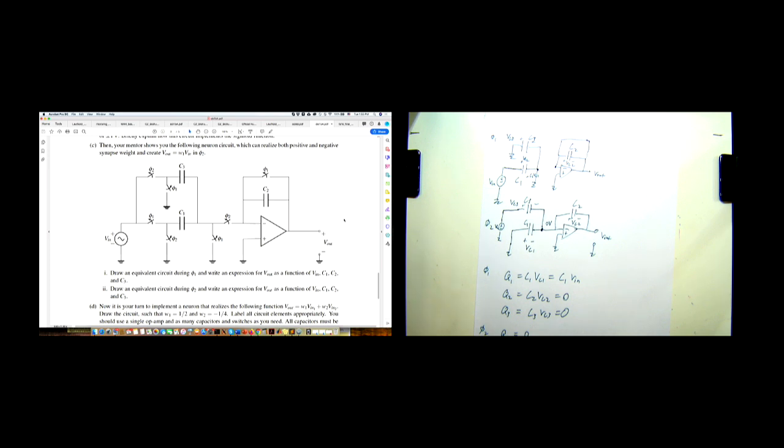In one plate you have 0, in the other plate you have V. So on the top you have plus CV, on the bottom you have minus CV. Does that make sense? That's the equation in a capacitor.